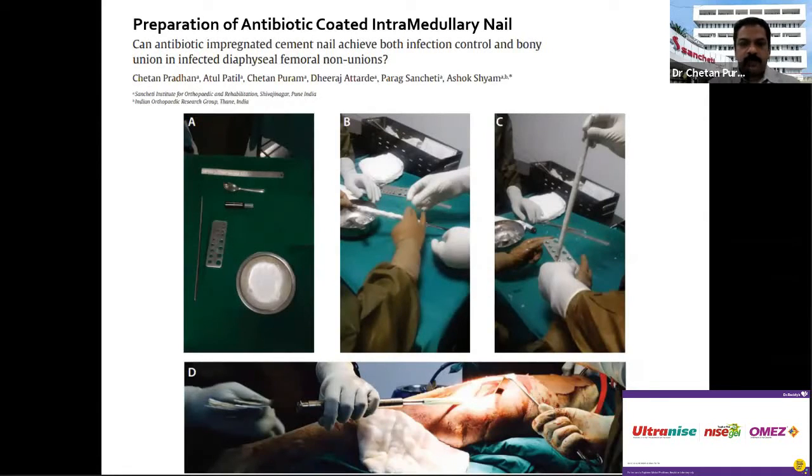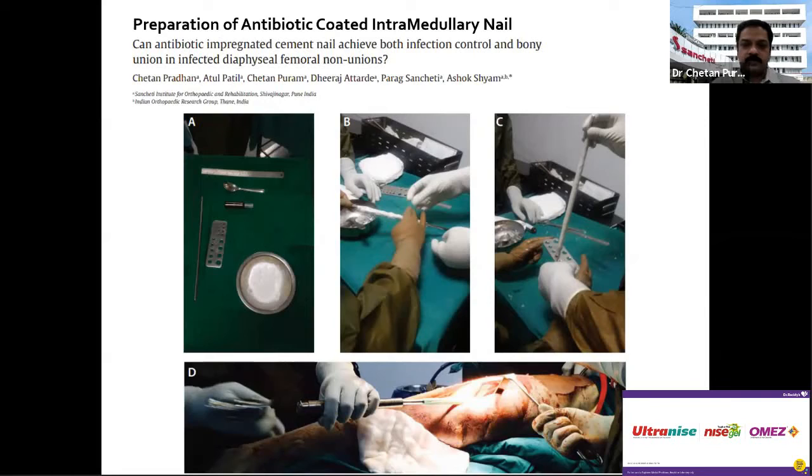A nail of diameter 8 or 9 millimeter, once it is coated, can become as thick as 13 millimeters, which may not fit in the medullary canal. So we downsize it, and this instrument shown, the rectangular one, is a K-nail sizer, which has different diameter sizings.